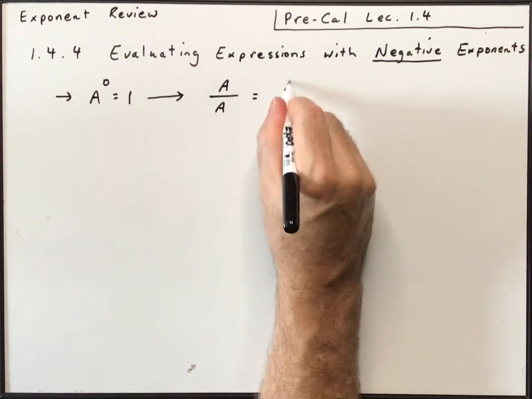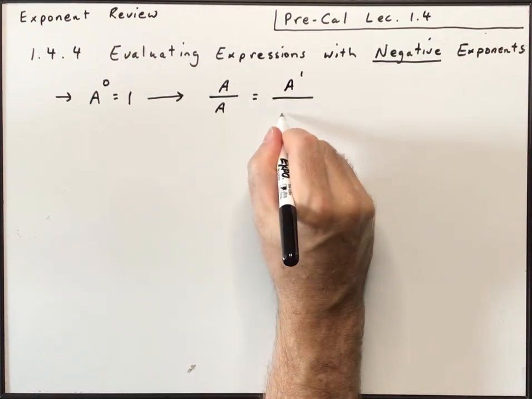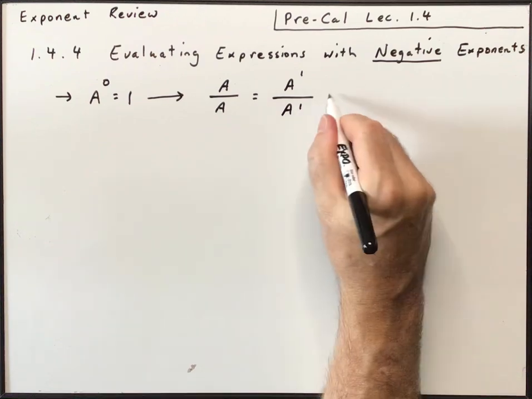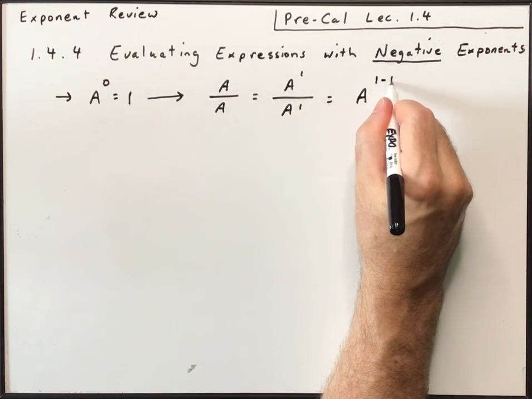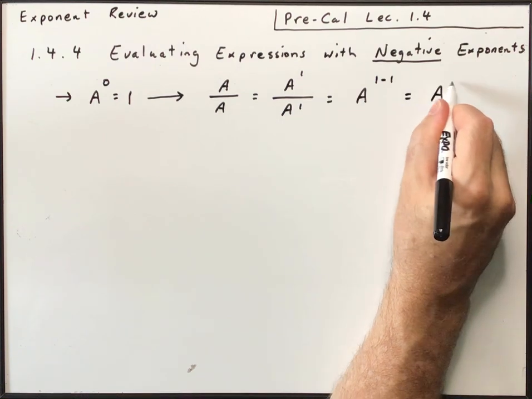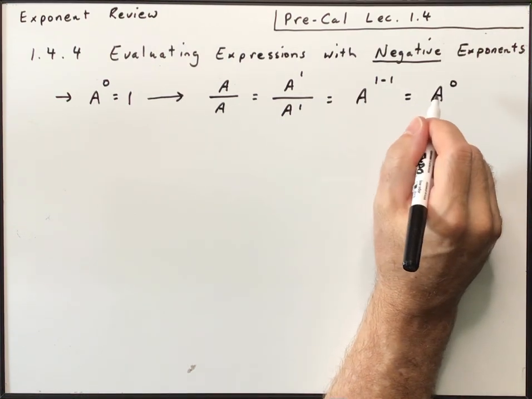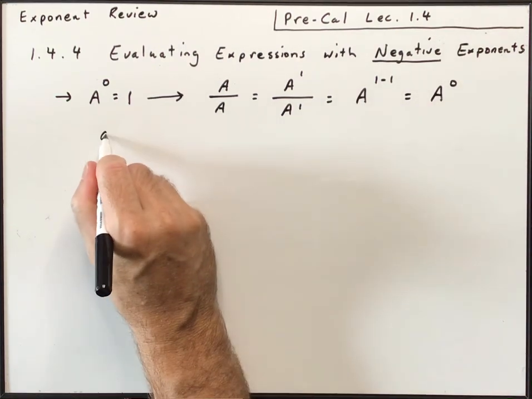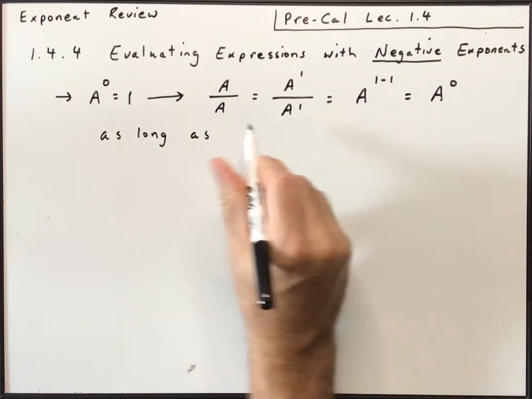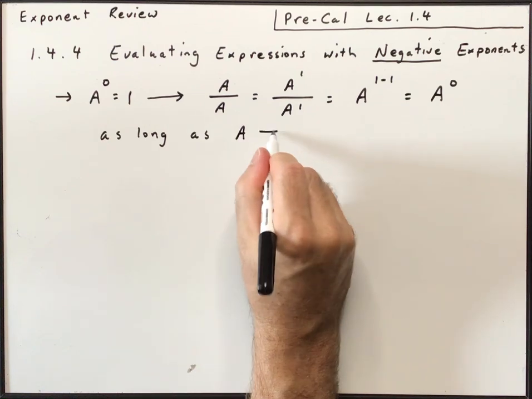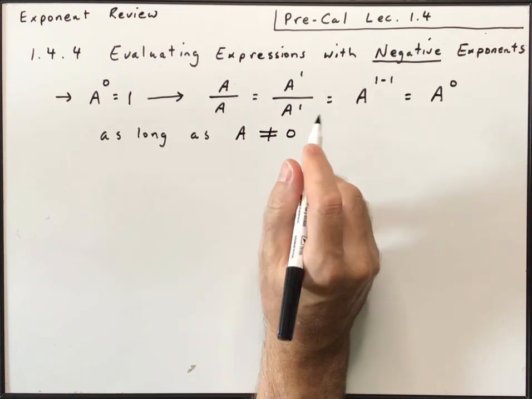That's equal to a to the first power over a to the first power, which is a to the, when you have division, you subtract exponents, so 1 minus 1, which is a to the 0. So that's where that comes from, as long as a does not equal 0.